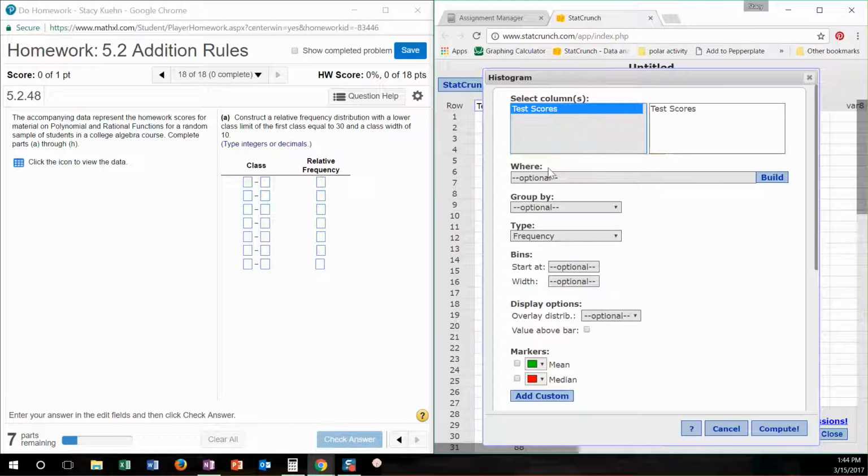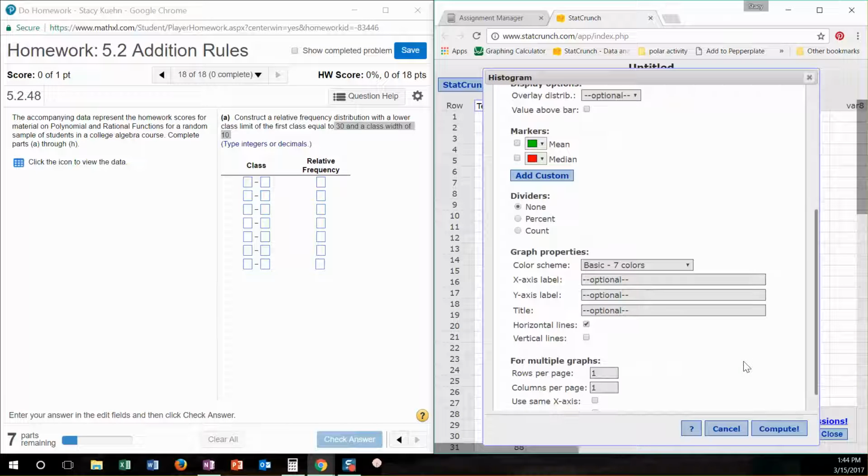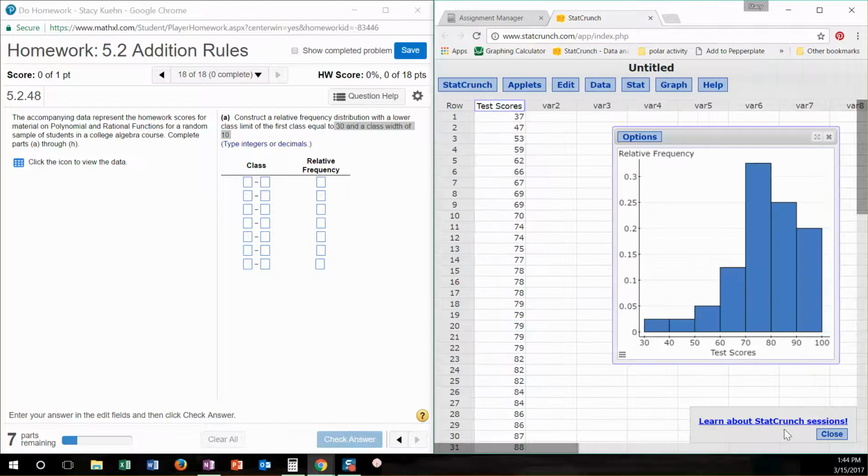So I'm going to create a histogram of the test scores, a relative frequency histogram, with bins that start at 30, because it told me starting at 30 with a class width of 10. I am going to compute it now.